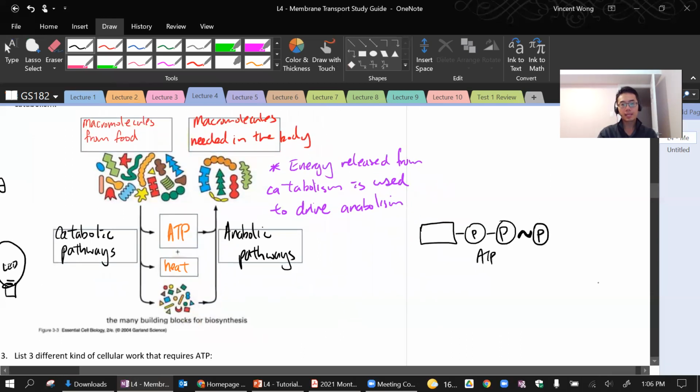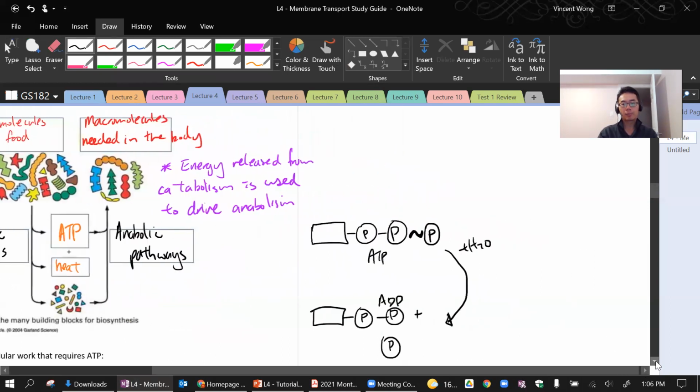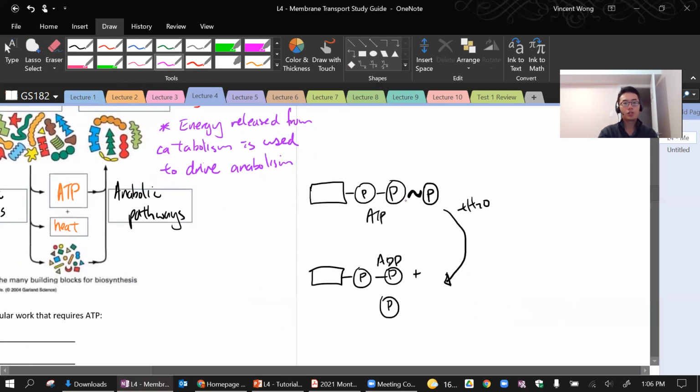And then what happens is you will break the last bond by adding water. It will be hydrolysis, just like before. Then you will get ADP plus a phosphate. And in the process of doing that, you will release energy.